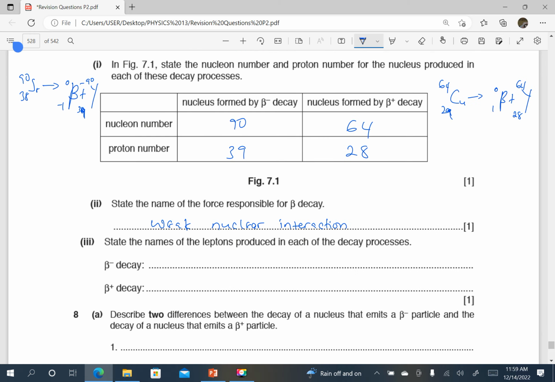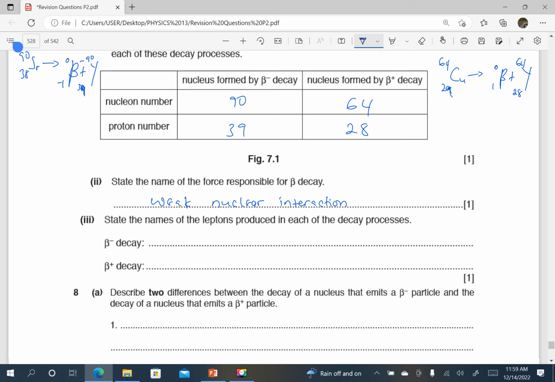State the names of the leptons produced in each of the decay processes. Remember, for beta minus decay, a neutron changes to a proton. So this is 1, 0, 1, 1.